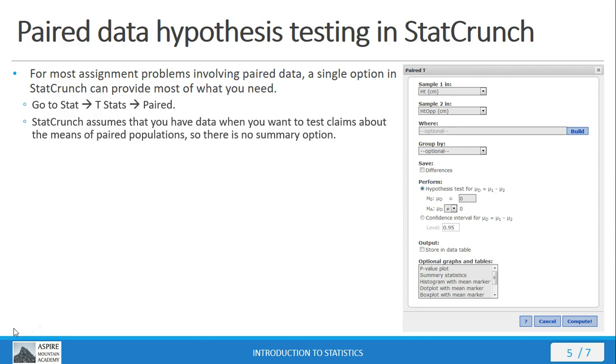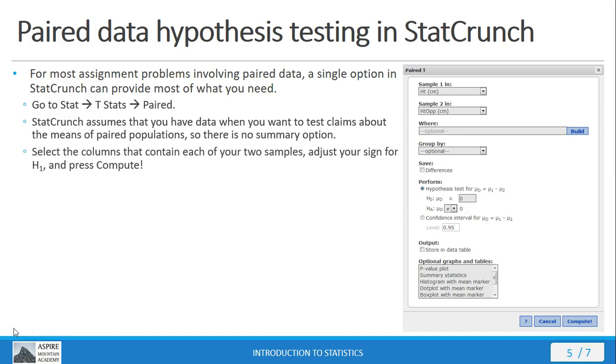The way StatCrunch was coded, it assumes that you have data that you want to test claims about the means of paired populations. So there's no with summary option that you can select. It assumes that you have actual data. So if you don't have actual data, then you're not going to be using a paired data analysis in StatCrunch.